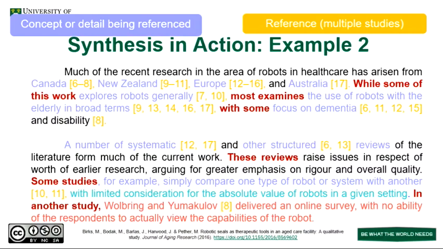And almost without exception, there's two instances where that concept or that detail in this example are being supported with just one example. The rest of them have two or more studies that are being referenced in order to help frame the information.